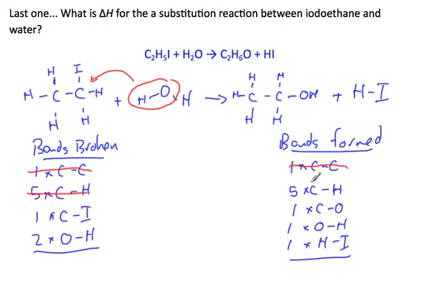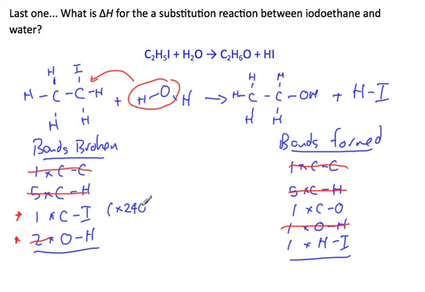5 carbon-hydrogens, well, bond enthalpy is going to be the same. 1 carbon-iodine, I don't have another bond, so I'm going to need that one. 2 times oxygen-hydrogen, 1 times oxygen-hydrogen, well, that's actually only 1 oxygen-hydrogen, so I'm going to need that one. And I'm left with 1 times HI. So now I can just go to my table and look up these few bond dissociations.